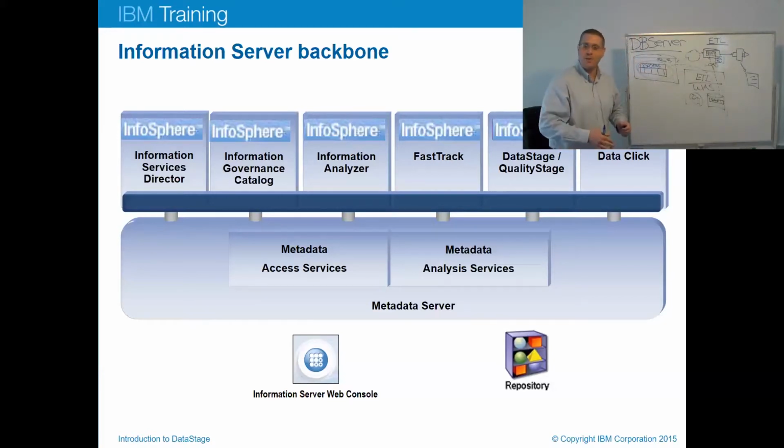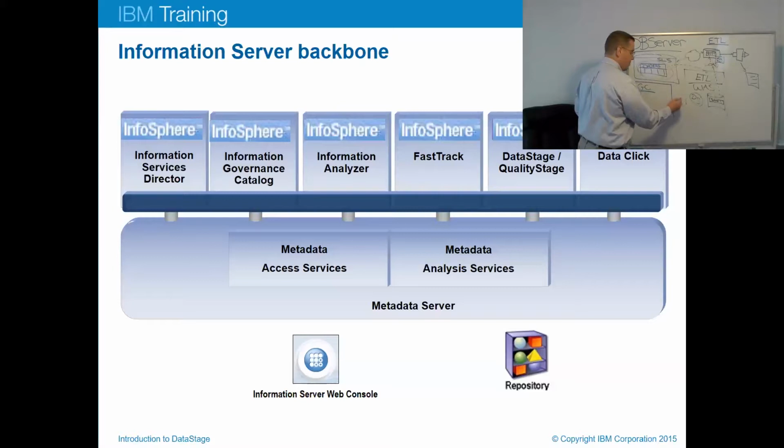What does this have to do with the current slide? Well, the governance catalog, the IGC, the Information Governance Catalog, is a tool that helps us as data architects manage and track what we're using. So what the governance catalog is going to do is it plugs in.